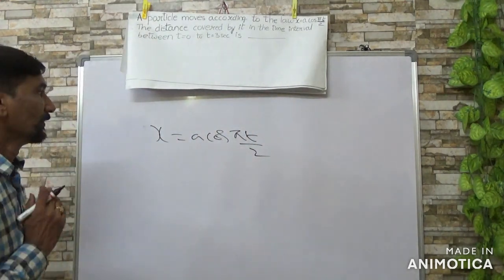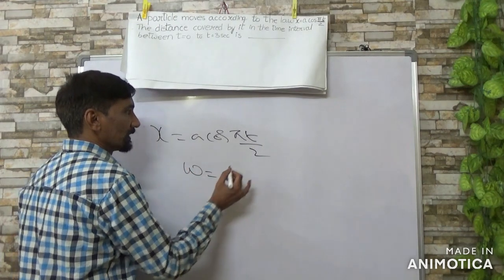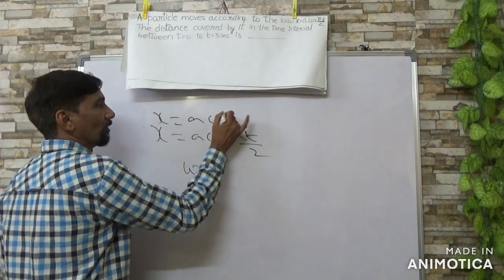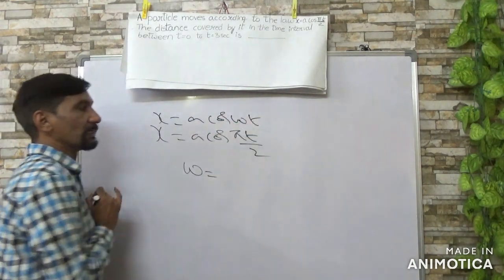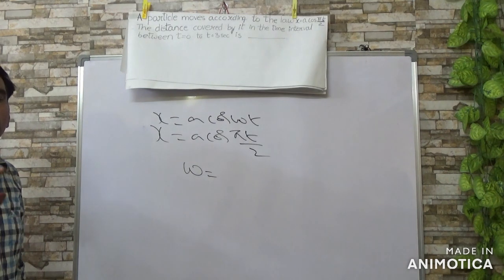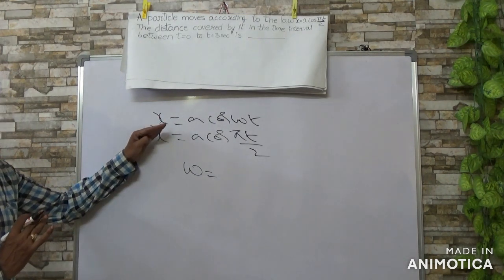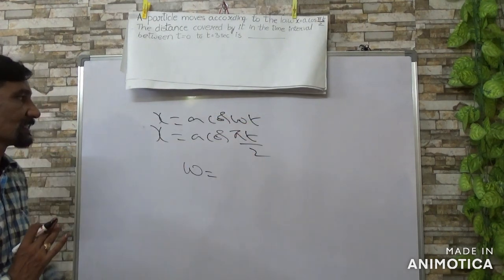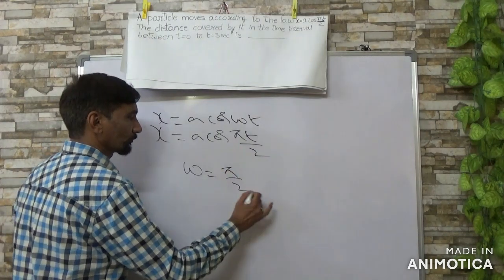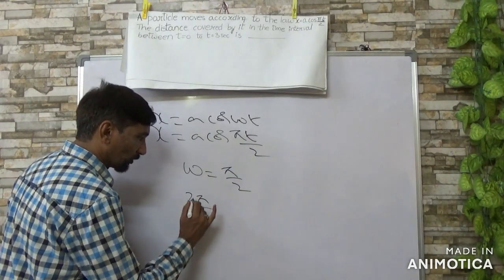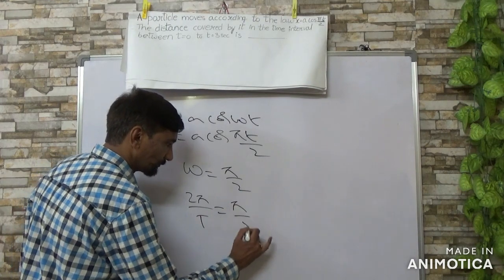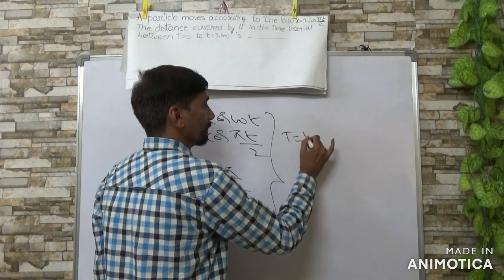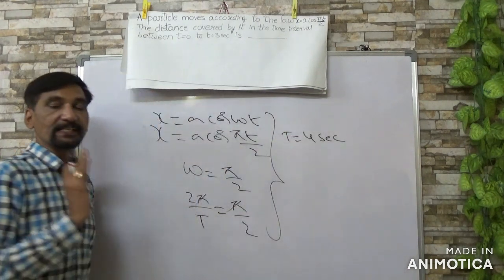So omega is equal to pi by 2, when you compare the given equation with a cos omega t. When a body executes SHM, displacement is taken as a cos omega t. So omega is pi by 2. Omega you can write as 2 pi by capital T. Pi cancels, so the time period becomes 4 seconds.